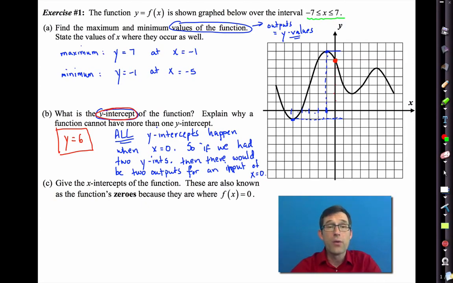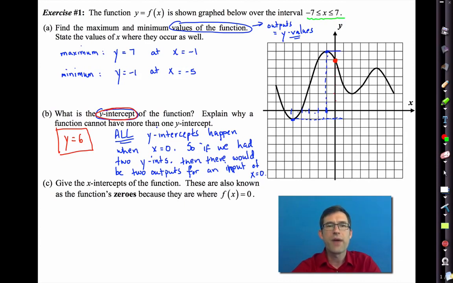And as we know, at this point, after quite a few lessons on functions, for every input there can be only one output. So if there were two or more y-intercepts, then there would be more than one output for an input of 0. All right, so only one y-intercept.